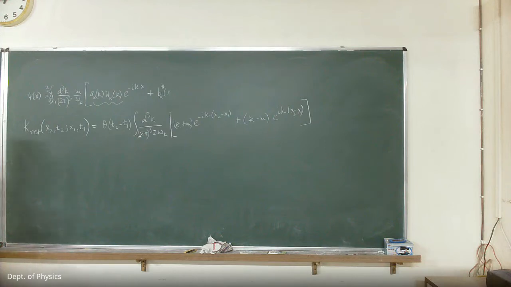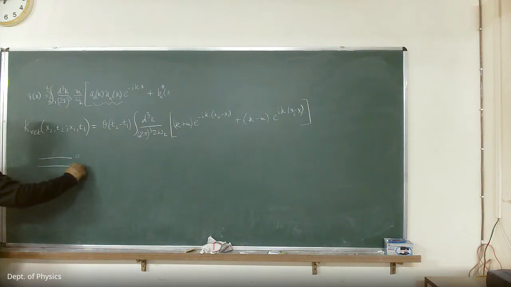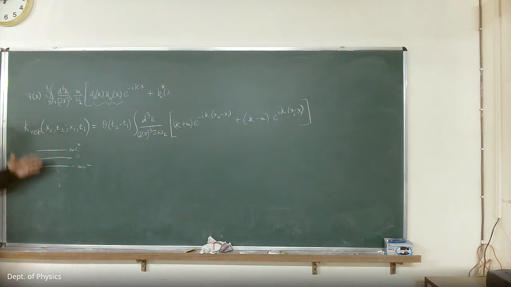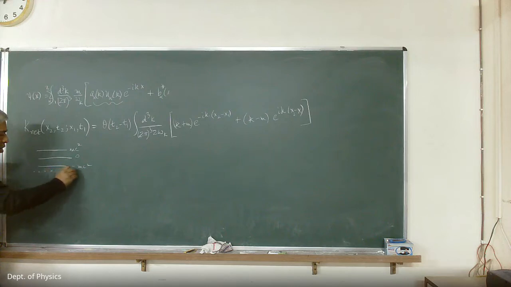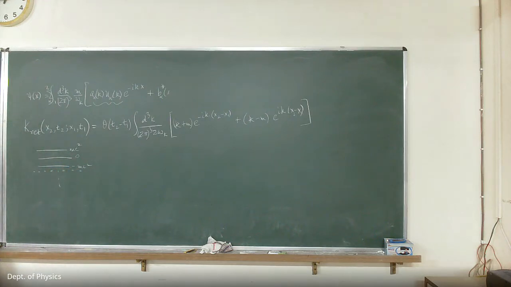And Kumanjari, suppose this is 0, this is minus mc square, this is plus mc square, energy, and then you have the whole negative energy electron states, right? Suppose you have no electrons, but all the states are filled. Okay, all the states are filled. Suppose a hole means an electron disappears from here, just disappears. So I am considering a state where an electron is missing from here.